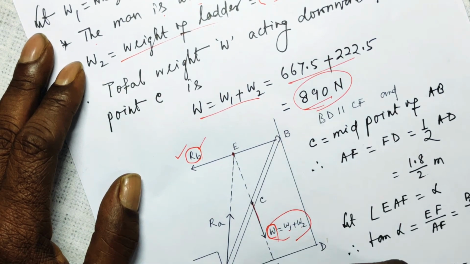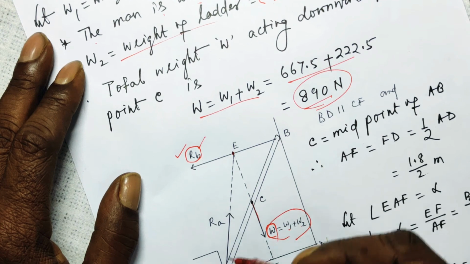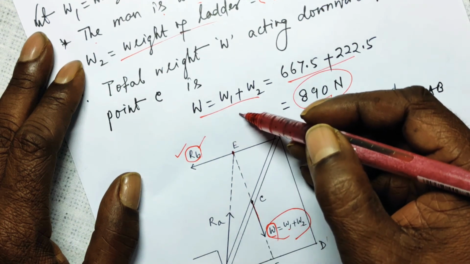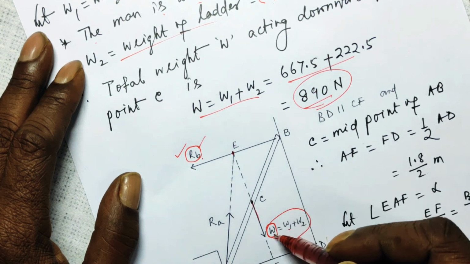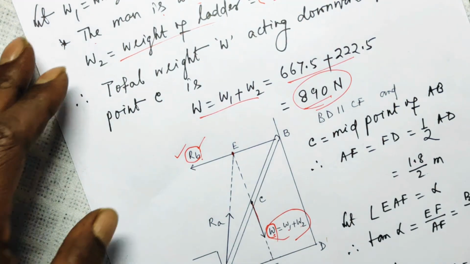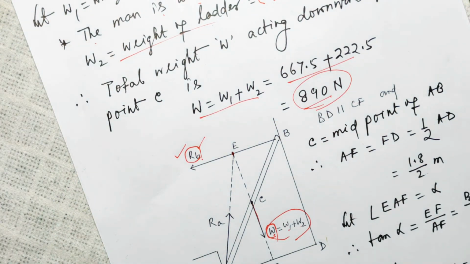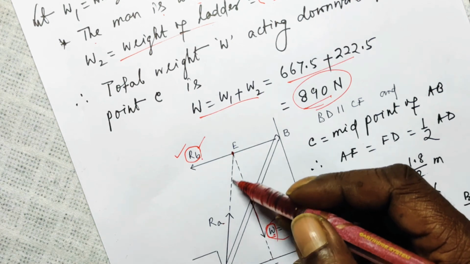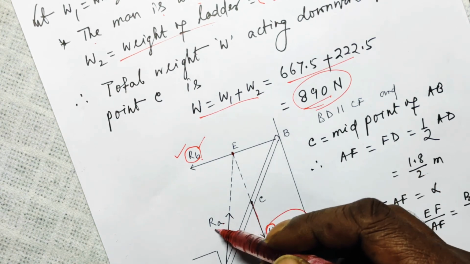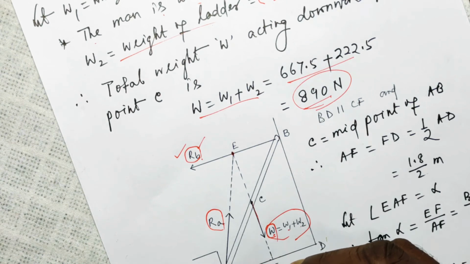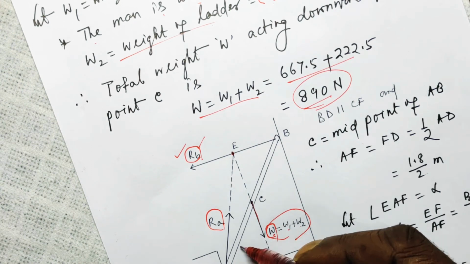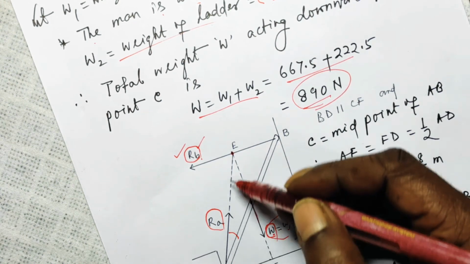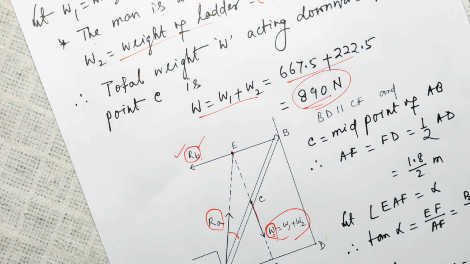And if the reaction from point A is exactly opposite to the resultant of RB and W, then the condition of equilibrium will be established. So RA has to pass through the same point T. Means RA is not along the ladder. It is away from that, right?